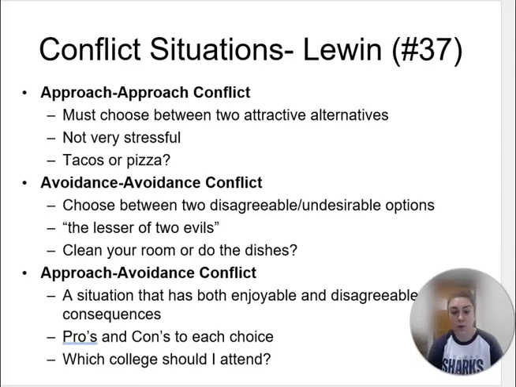And then one that requires a lot of thought and a little bit more stress as well is approach avoidance. This is where you might make a pros and cons list where you have good things and bad things about each of your choices. And so you have a lot to think about with which decision you want to make. For example, which college should I attend, right? Because this is a big decision and there's good things and bad things about each of your choices.